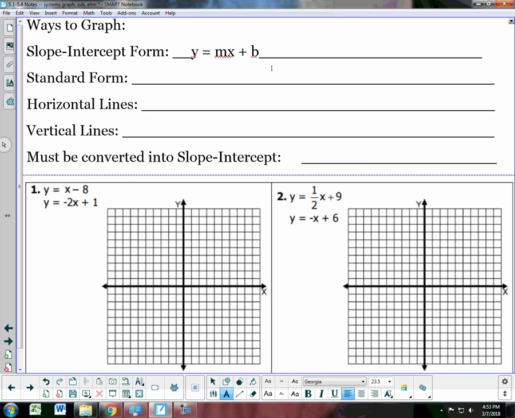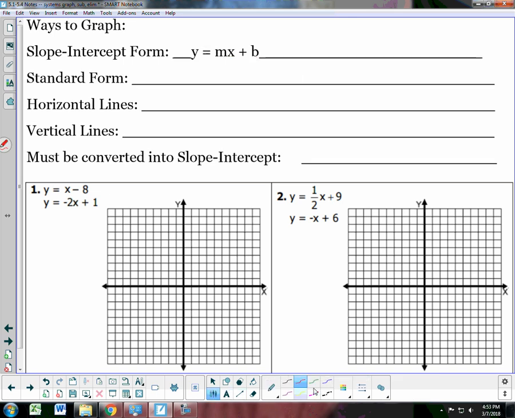You begin at the b value, and you either go up or down with that value, and then you use m as your rise over run. So you rise a certain amount, run a certain amount.